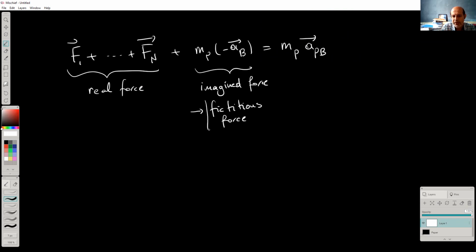So that's called the fictitious force term. If I add an imagined fictitious force to the forces, then in an accelerated reference frame, Newton's second law appears to be valid. So that's the fictitious force.